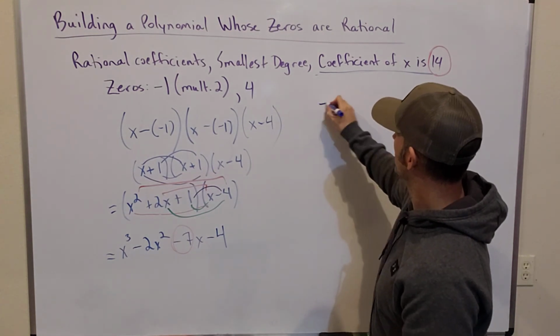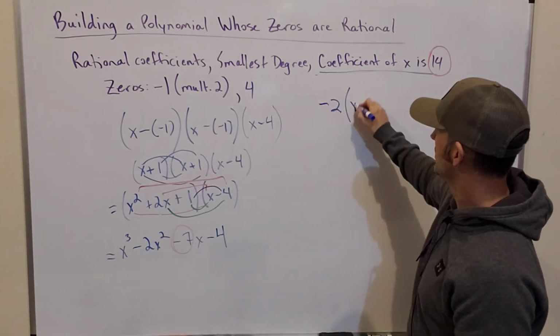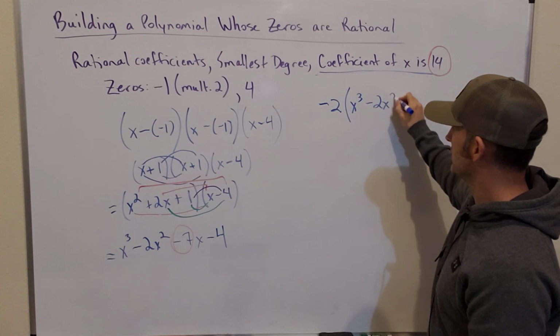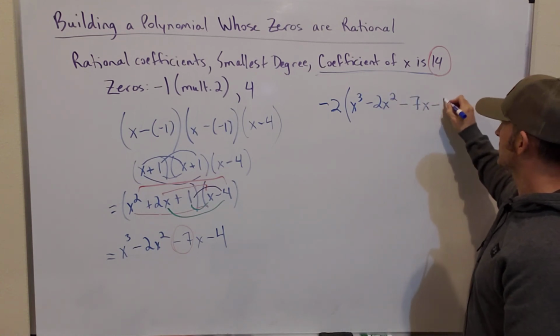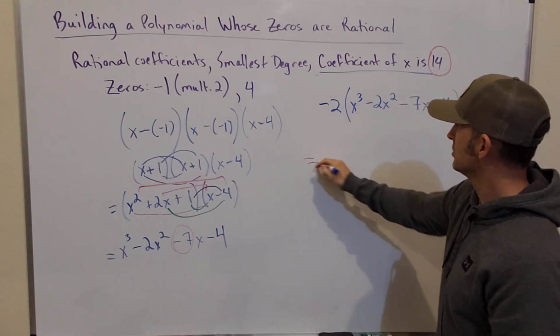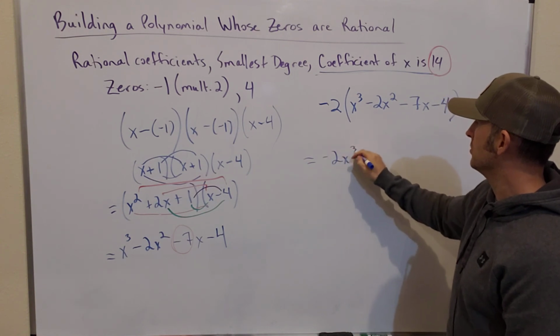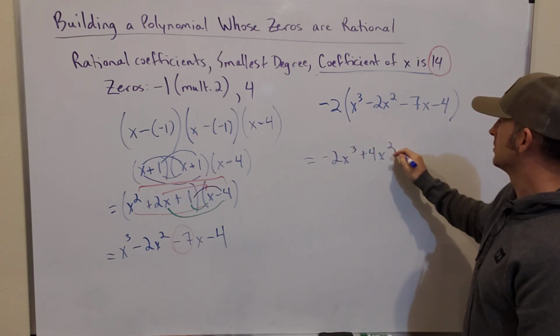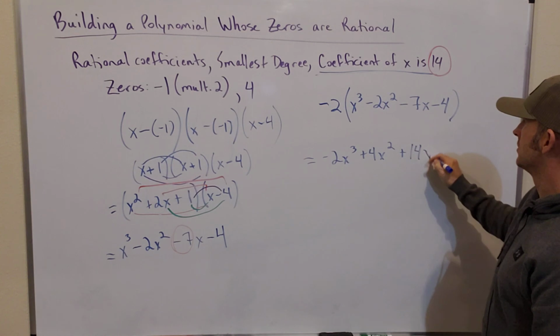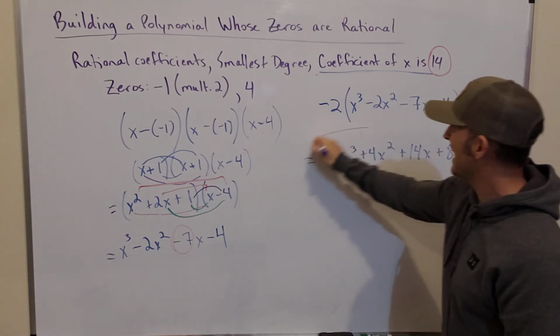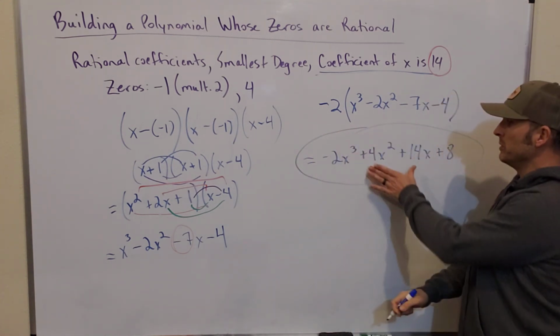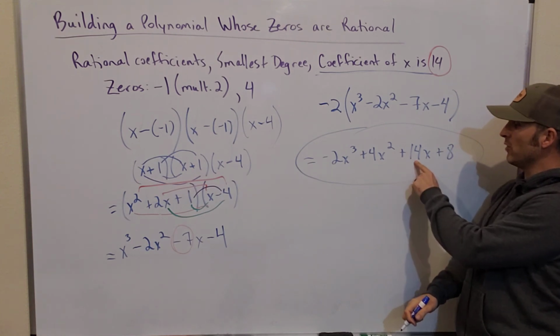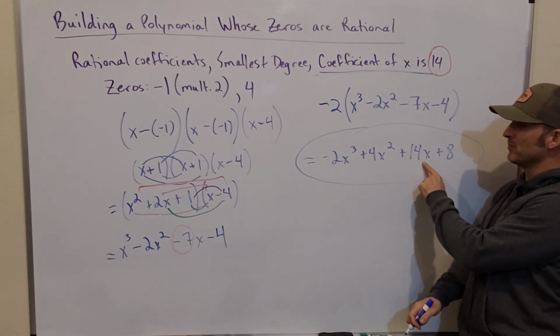So let's write that out. -2 times x cubed minus 2x squared minus 7x minus 4 equals, distribute the -2, and now this polynomial has a coefficient of 14 on the x term, right?